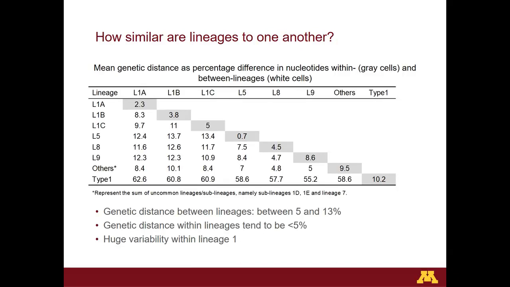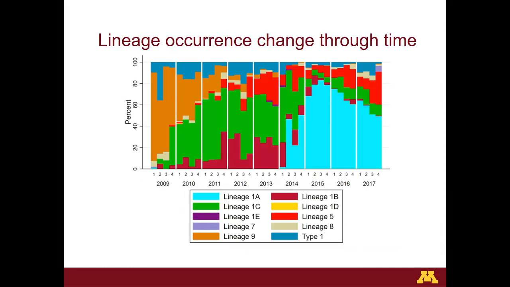Another thing that the tree that we constructed earlier already made clear, but this also highlights, is there's a huge variability within lineage 1. So if I'm going to call viruses by lineage, and if I'm going to say lineage 1, I might be throwing a lot of different stuff together. We decided to then construct a timeline in which we were plotting the lineage occurrence over time.